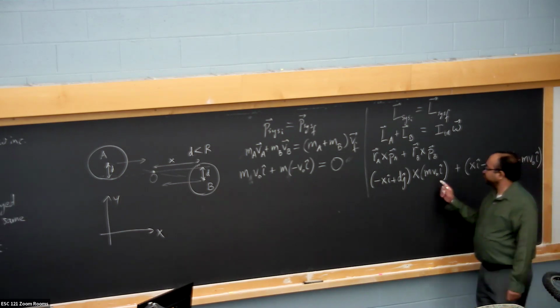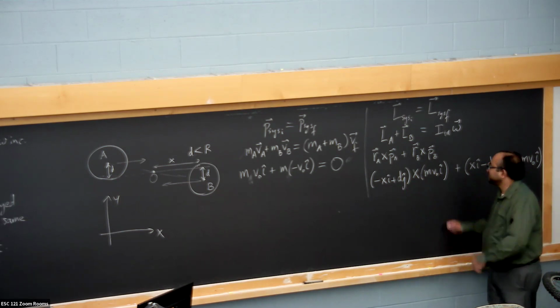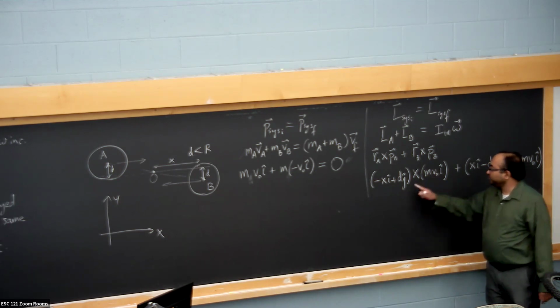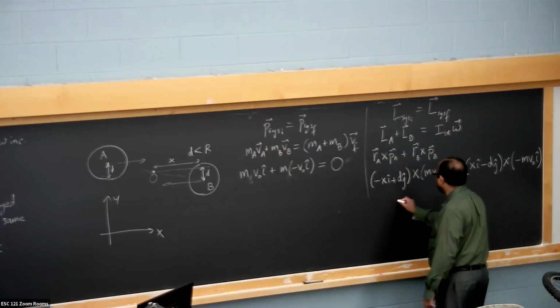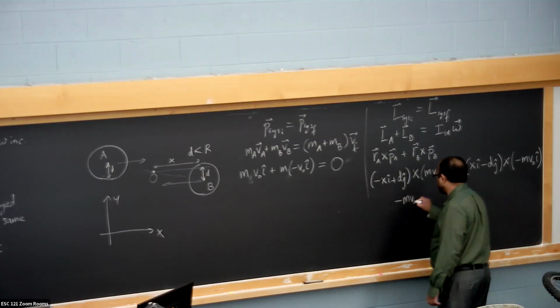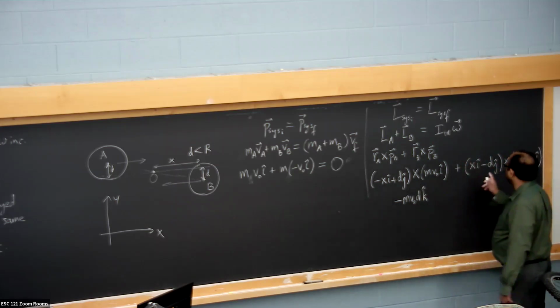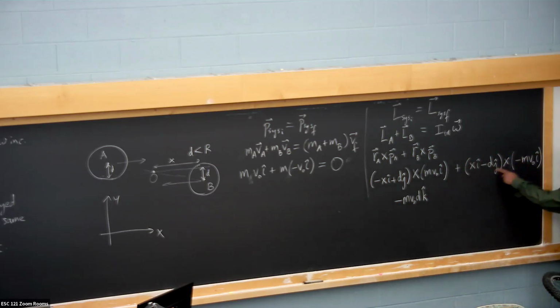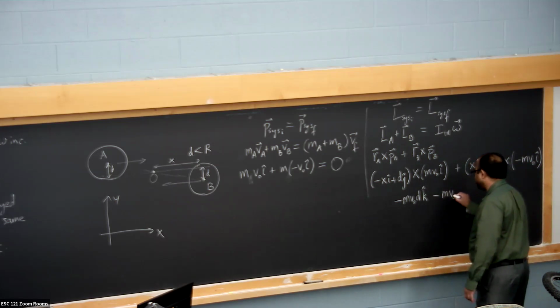Okay, so when I do this cross product, what is i cross i? Zero, yes. And what is j cross i? Negative k. Negative k, yes. So I would get minus M V naught d k hat. And then here the minuses cancel, M V naught d, and again j cross i is negative k, so I'd get again minus M V naught d k hat.